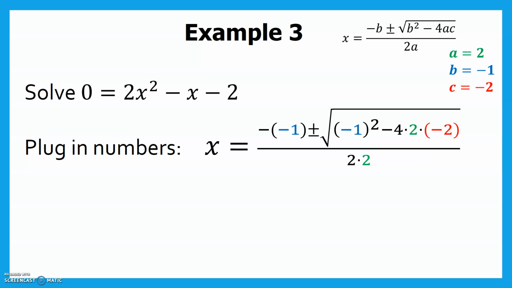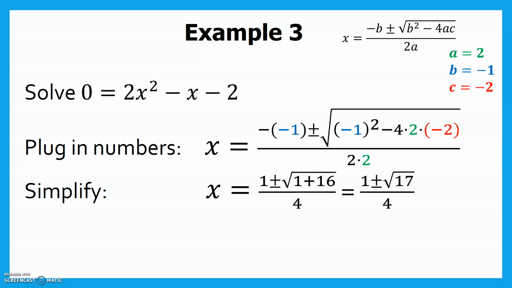So I simplify what I can. That -1 becomes +1, and then (-1) squared is 1, and then -4 times 2 is -8, times -2 is +16. So I get 1 plus or minus the square root of 1 plus 16, and then on the bottom I get 2 times 2, which is 4.